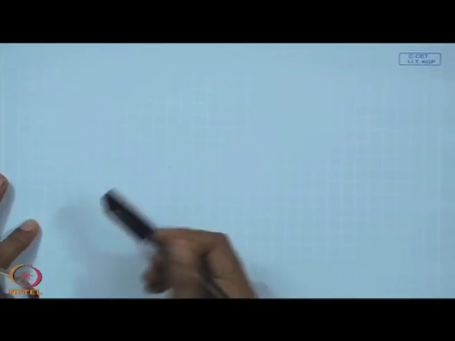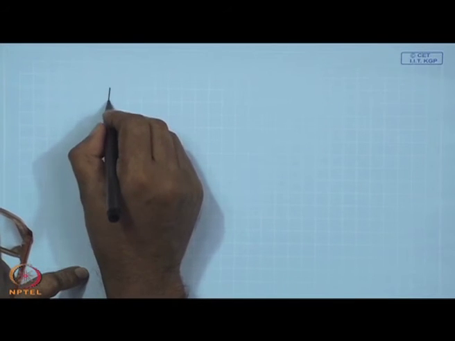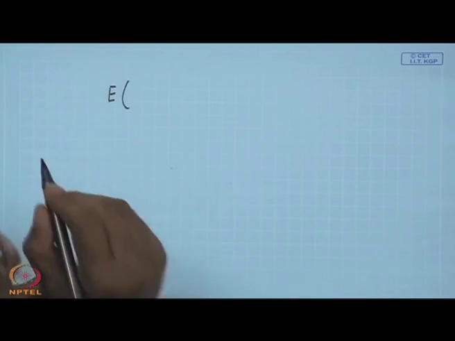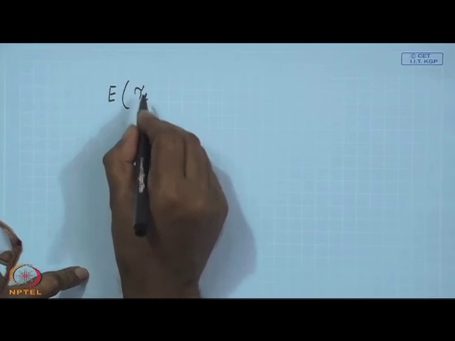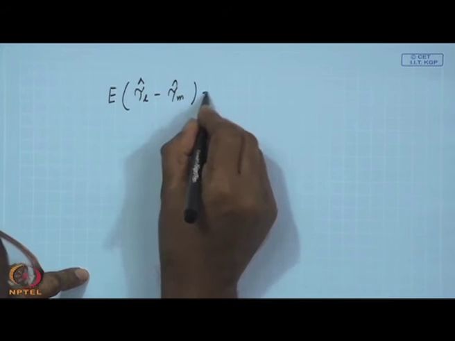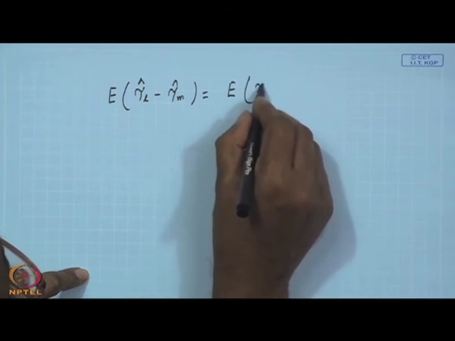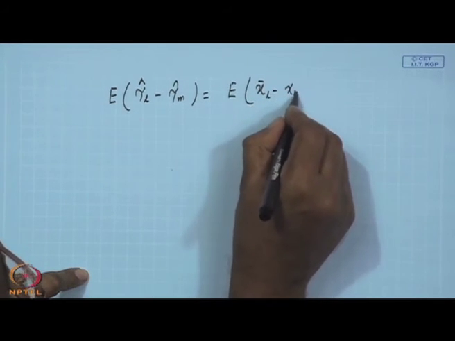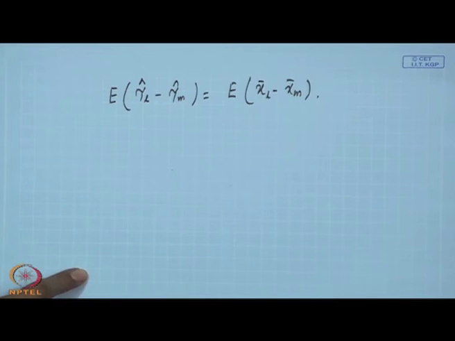Now, I want to find out the interval estimate of the same. So, what you require to do for interval estimation, as we have seen earlier also, you require to know the expected value of, suppose, tau L estimate minus tau m estimate. This is nothing but expected value of XL bar minus XM bar, what we have seen earlier.